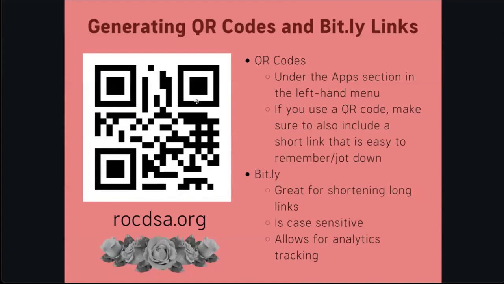This is especially important in a presentation like this, where anybody here could hold up their phone and scan the QR code. Or if it's on a poster, that's helpful, but not everybody has a QR code scanner. So that's important to keep in mind.